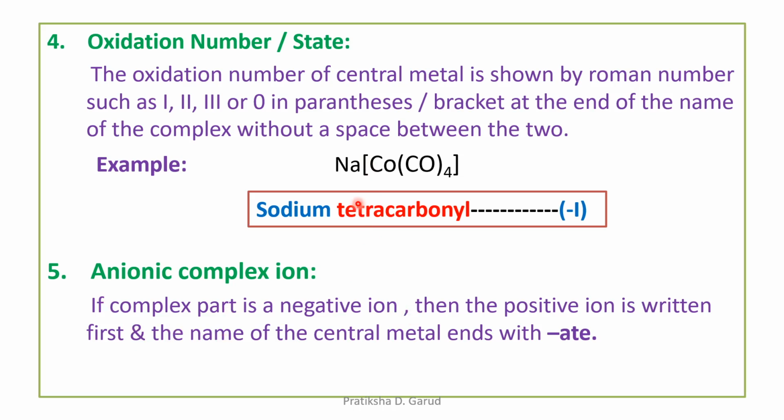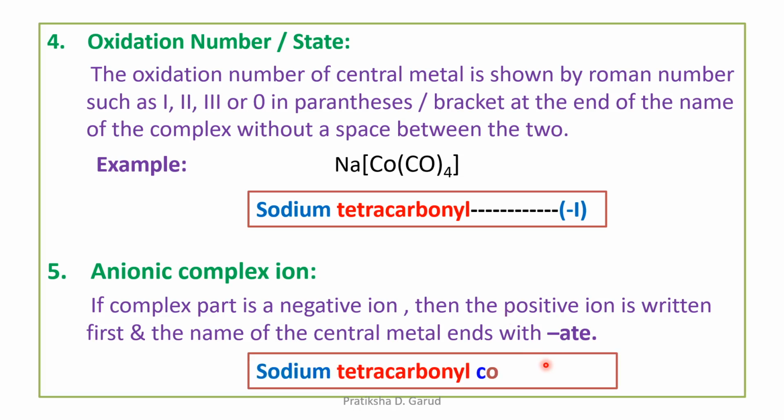So let us see the same example, Na[Co(CO)4]. For this example, the name will be sodium tetracarbonyl. The metal is cobalt and it has a special ending, that is -ate. Therefore it is cobaltate(1), right? So this is the rule which is used for the anionic complex ion. Anionic complex ion means that outside the square bracket it has a minus charge.